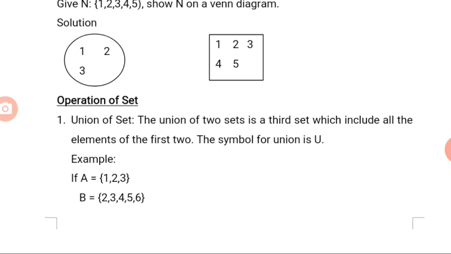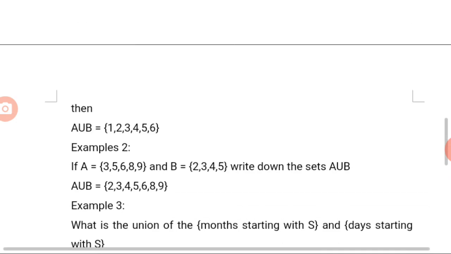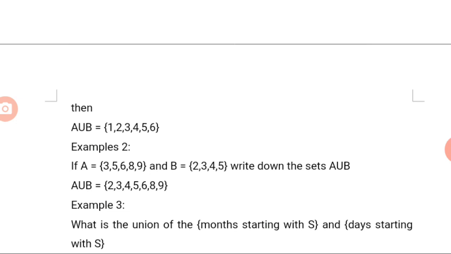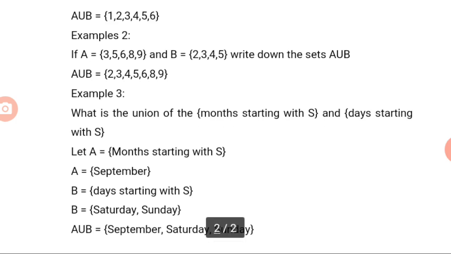The symbol for union is U. For example, a set A that has elements 1, 2, 3 and another set B that has elements 2, 3, 4, 5, and 6. A union B will be 1, 2, 3, 4, 5, and 6.